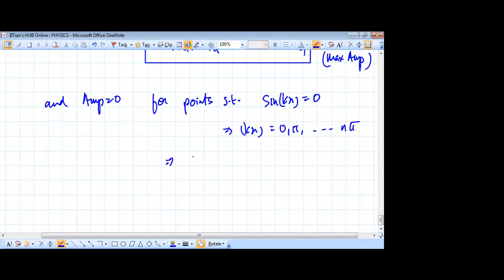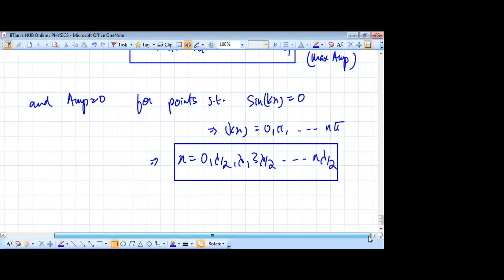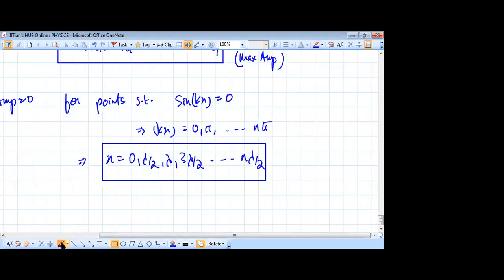So x should be equal to 0, lambda by 2, lambda, 3 lambda by 2, n lambda by 2. This will be the general set of coordinates of the nodes. That's the first thing, the nodes and antinodes.